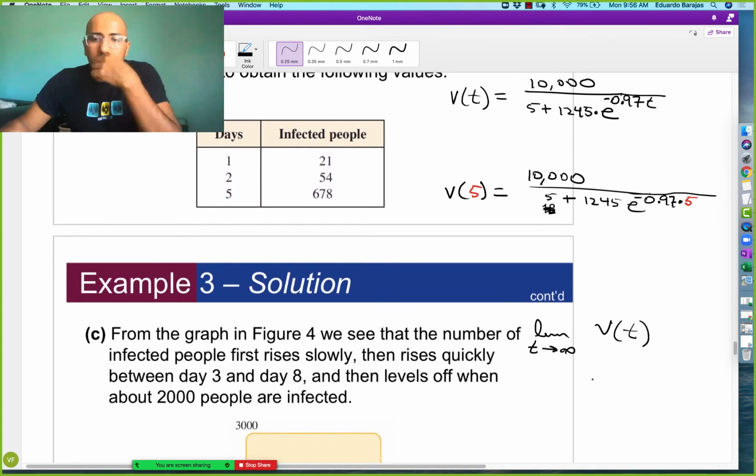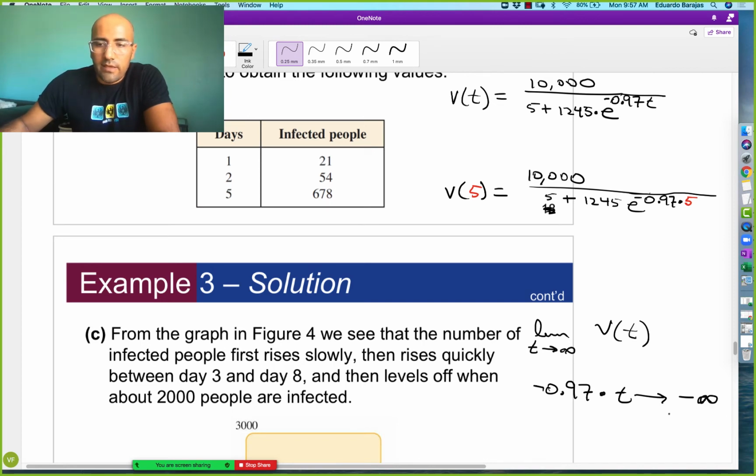Okay, so as t goes to infinity, then e to the power of, let's just start over here, I'm just kind of breaking it down, negative 0.97 times t. As t goes out to positive infinity, it's getting bigger and bigger, multiplying a really big positive number times negative 0.97, this thing is going to head toward negative infinity.